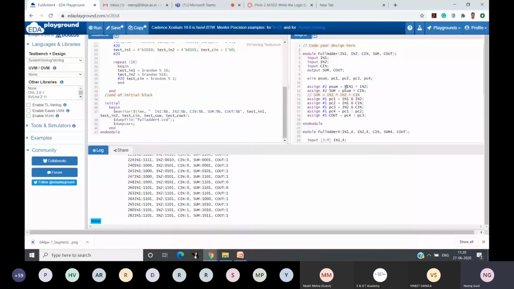This hash essentially means that the input would be available after 1 unit of time to the left hand side. When we write the hash delay here, it has more significance of transfer delay. Transfer delay means that sometimes we have to consider that wires take some time. So this is essentially a wire delay, and the delay written here is mostly the computational delay of that particular statement.